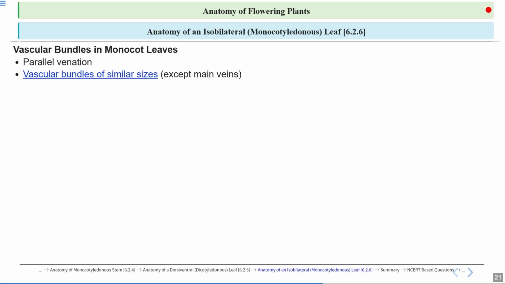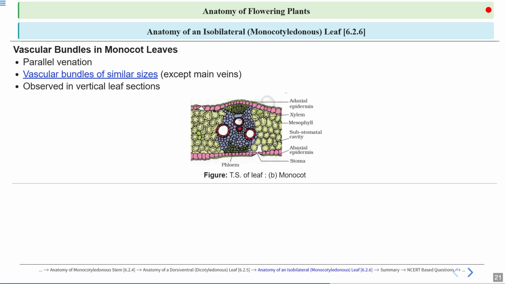The vascular bundles are of similar size except the main vein. Observe in the vertical leaf section. Here you can see this is the main vein. When you see the parallel veins, they will be quite smaller compared to this midrib. Those veins will have a smaller vascular bundle.